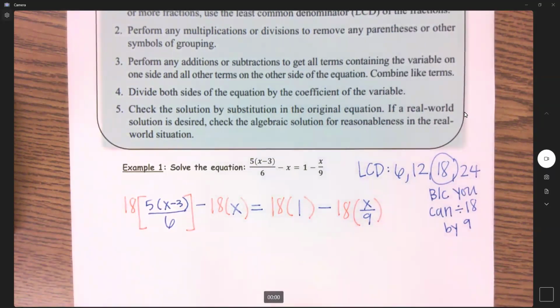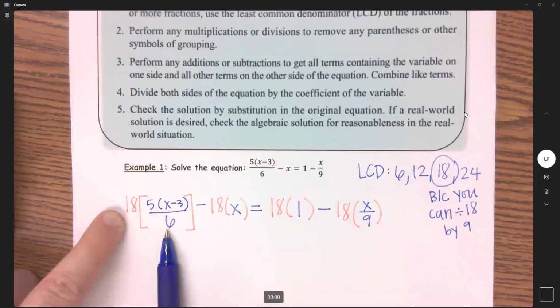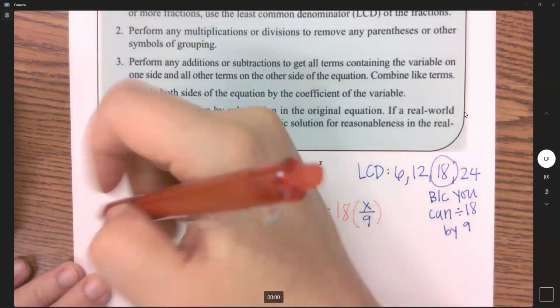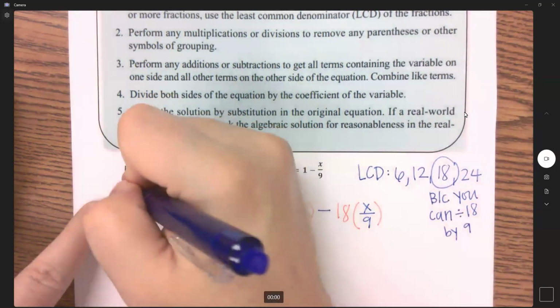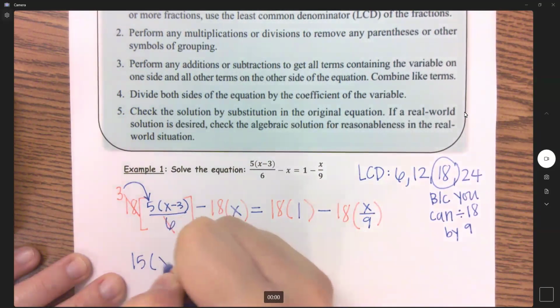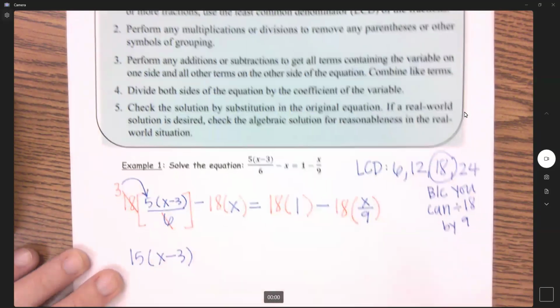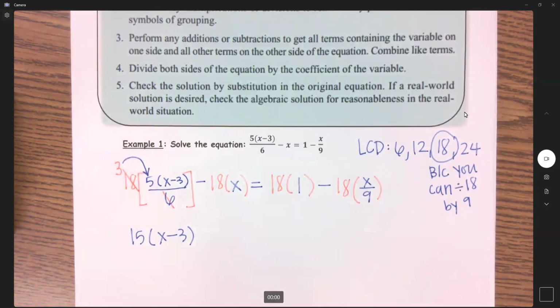Now the goal is, once we multiply everything by this LCD, it's not going to change my equation at all, but it should get rid of every fraction, and then it's just solving like normal. So here, 18 over 6 gives me 3. When I cross reduce, 18 divided by 6 is 3. And now I'm going to multiply this 3 by this 5 here. So this one becomes 15 times x minus 3. That's all over 1, and I don't need that right there.